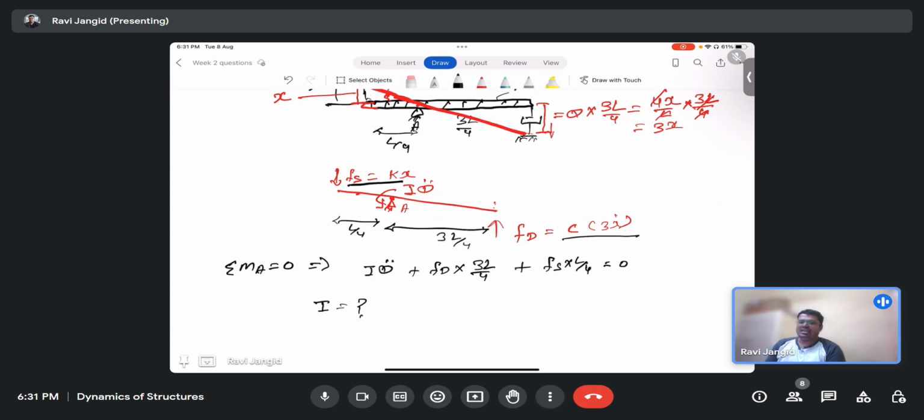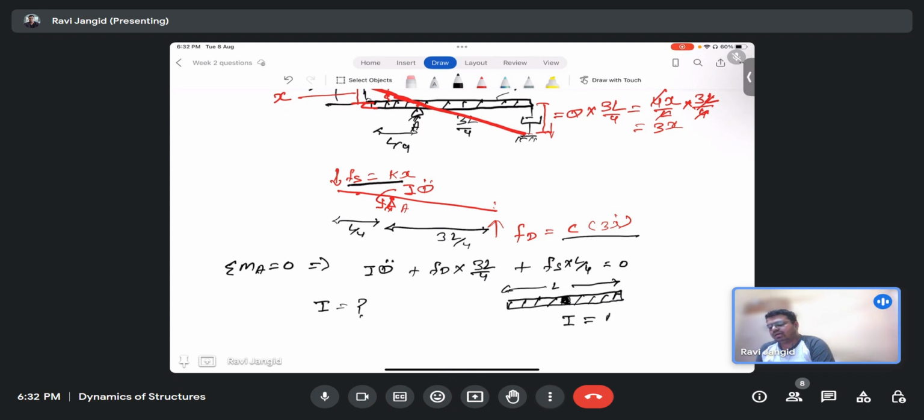So can anyone tell me what would be the value of I corresponding to point A? What is the value of I about the center, if my bar rotates about the center and the length is L? ml square by 12.